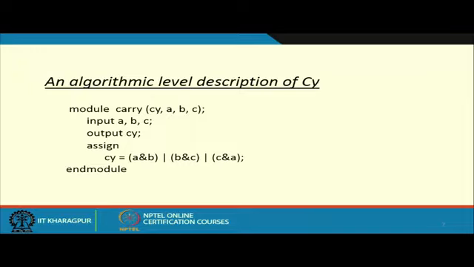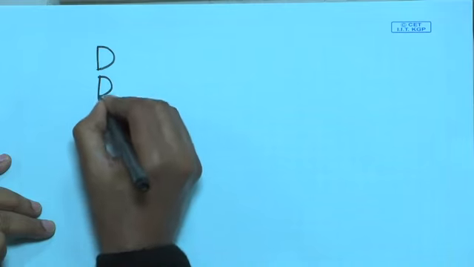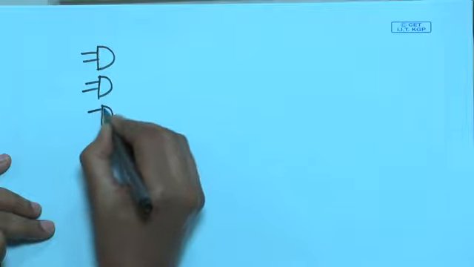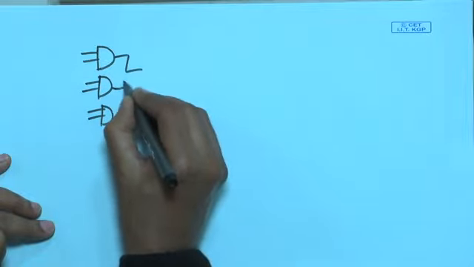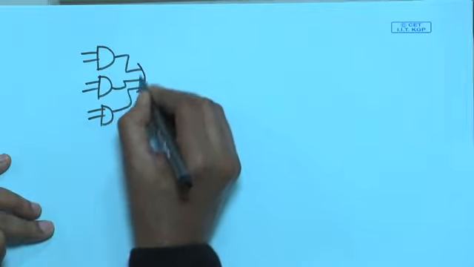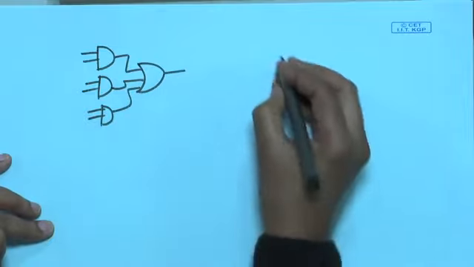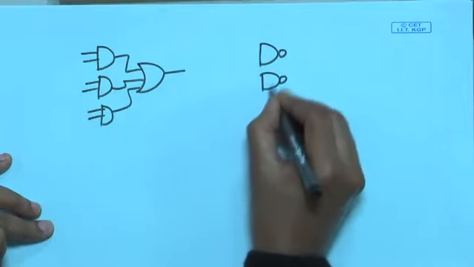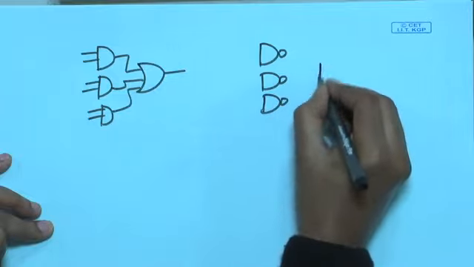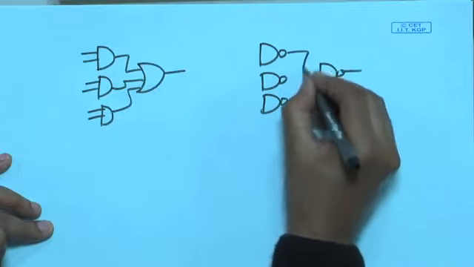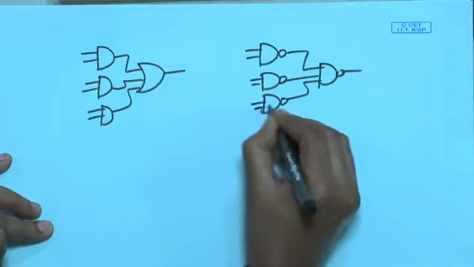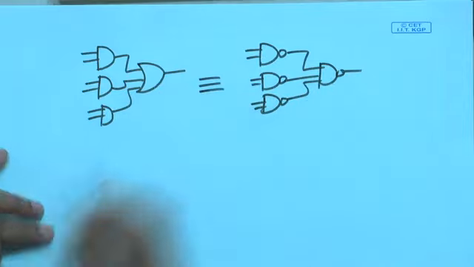It can either be implemented as 3 AND gates, implementing the 3 product terms followed by an OR, or it can be implemented using NAND gates alone. Both are equivalent, both these designs are equivalent.